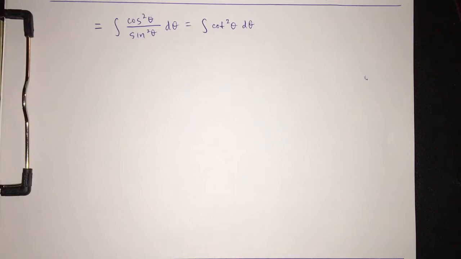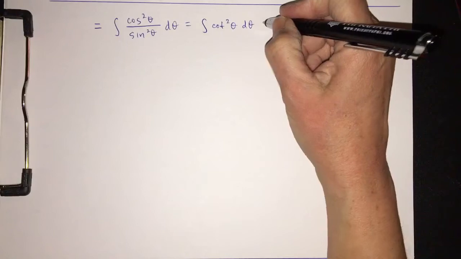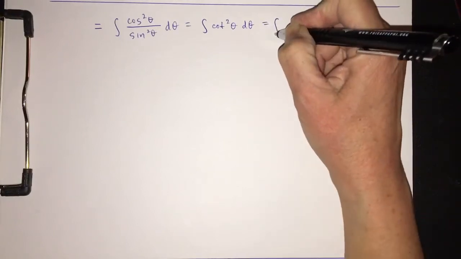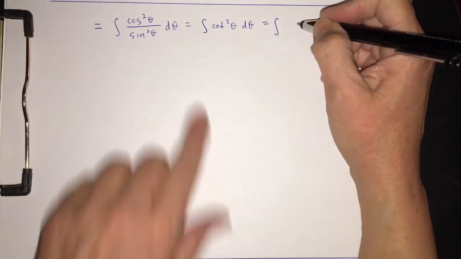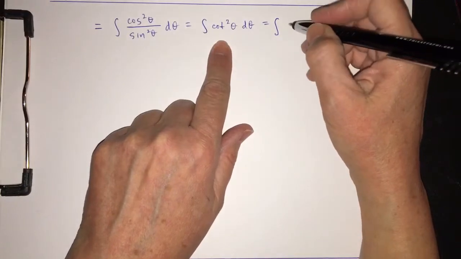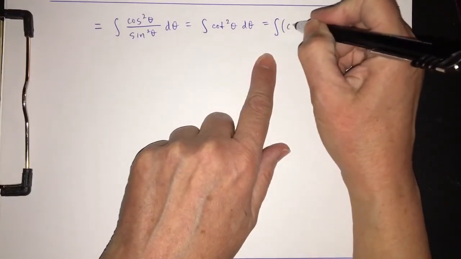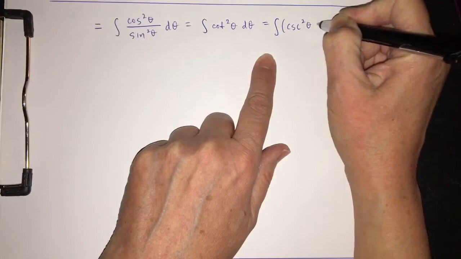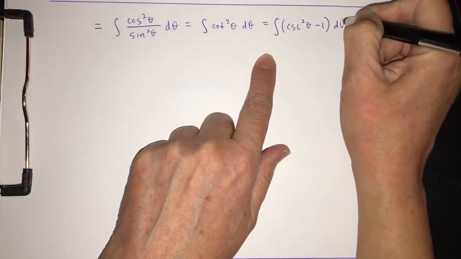Now there is an identity for cotangent squared theta, and it's cosecant squared theta minus 1. So I'm going to substitute that identity in here. The integral of cotangent squared theta d theta will become the integral of cosecant squared theta minus 1 d theta.